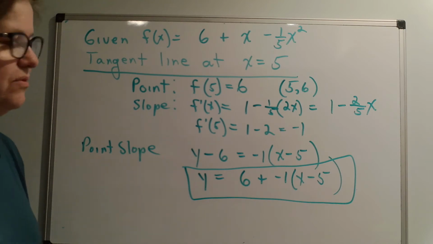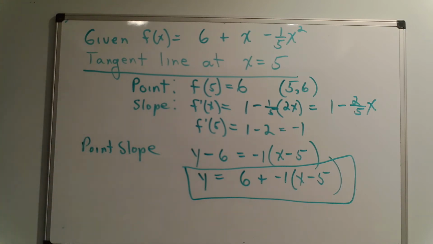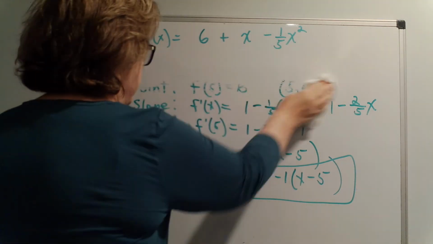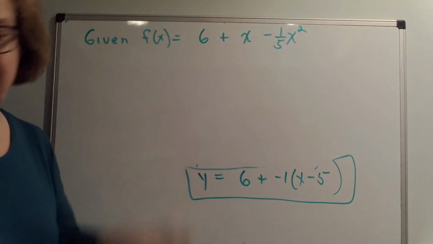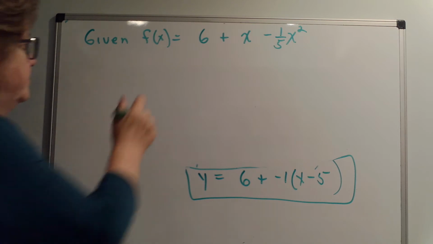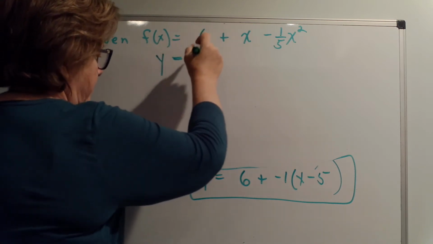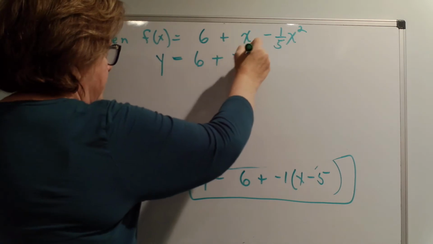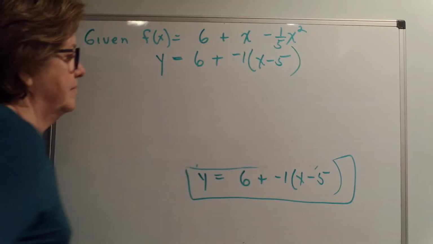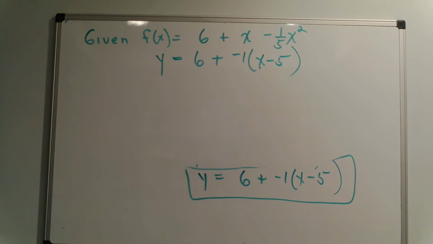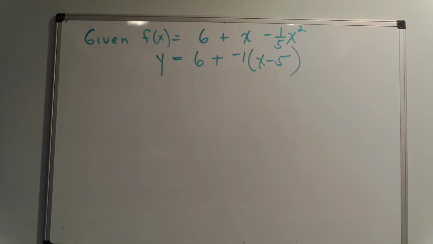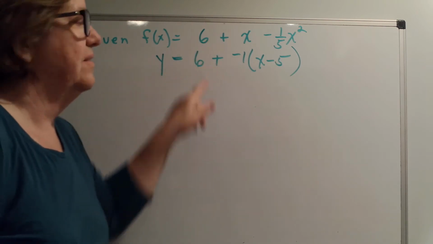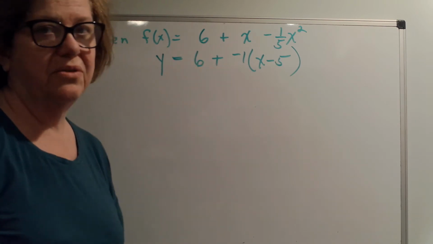Okay, so now we're going to do something a little different with that. I'm going to put that up here. Notice it's just a coincidence that this is a 6 and this is a 6. There's nothing special about that.